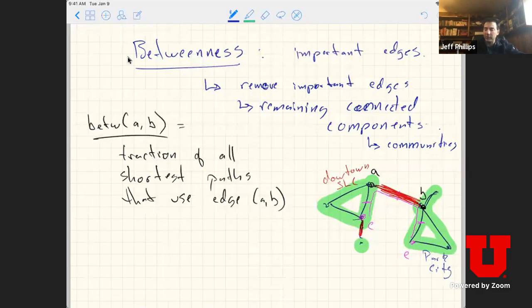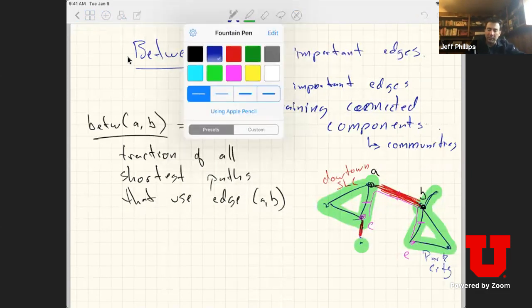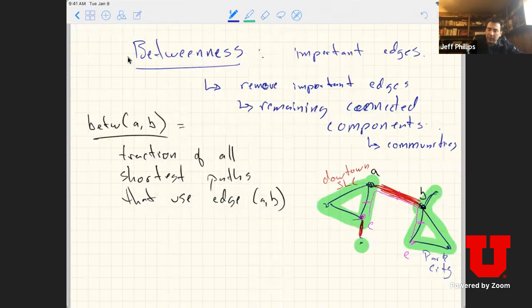So this edge might be like I-80 up Parley's Canyon, and that's a pretty important edge connecting those. If that road goes down, then I can't get in between them.